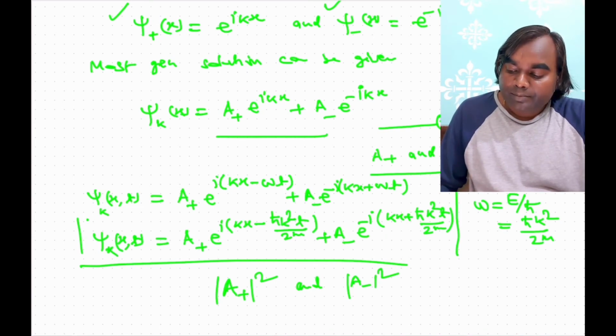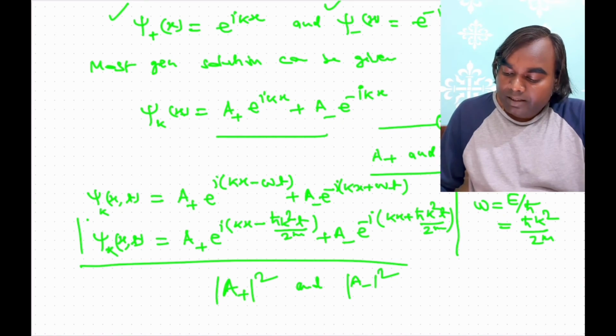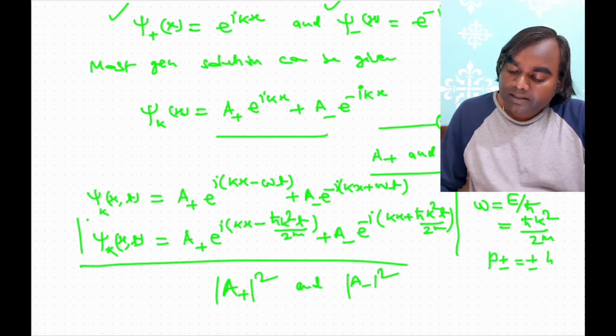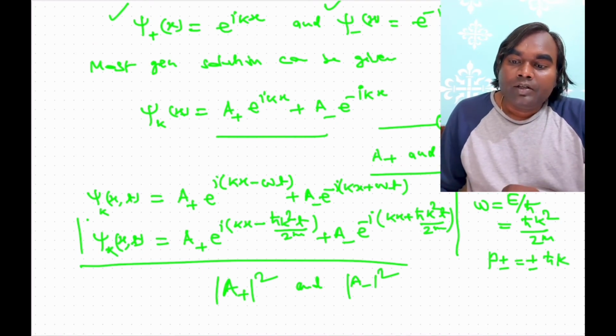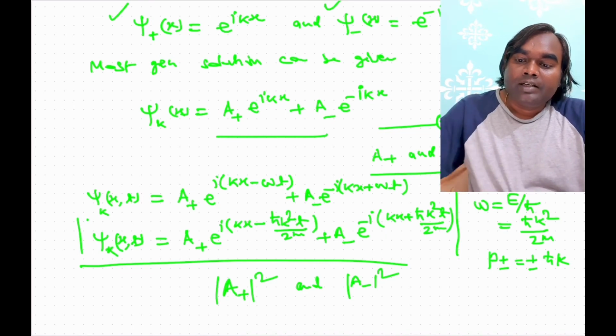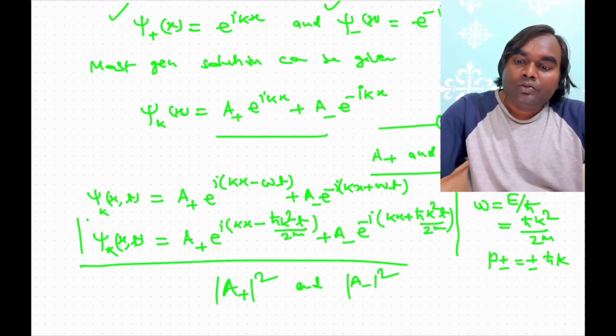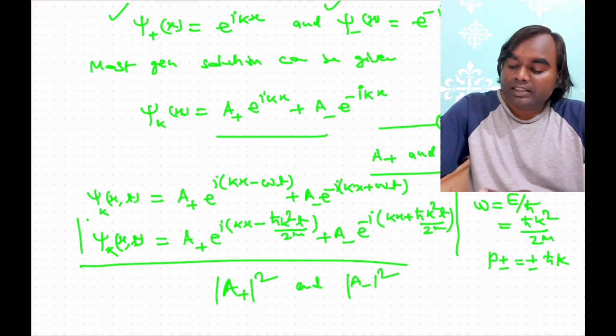So what is energy? You can know here that E = ħω and p± = ±ħk. So we can find the solutions without any restrictions on k or E, that is, there is no restriction on the energy and the momentum of the particle.